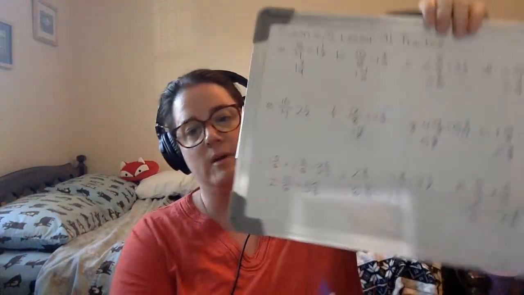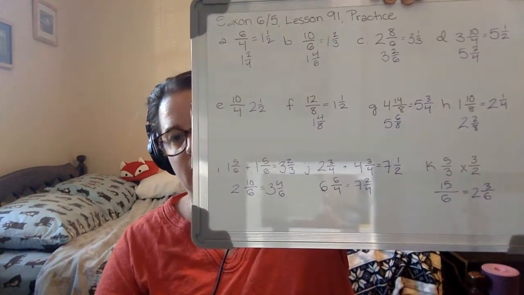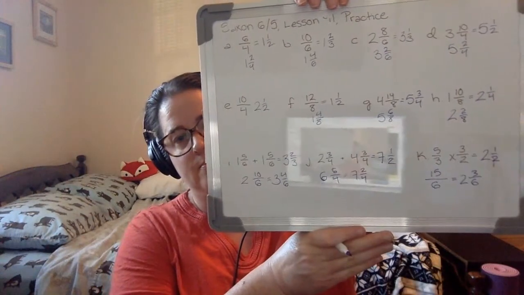Now we have a mixed number with a proper fraction, but 3/6 reduces to 1/2, and we should reduce it if we can. So our solution, our product, is actually 2 and 1/2.